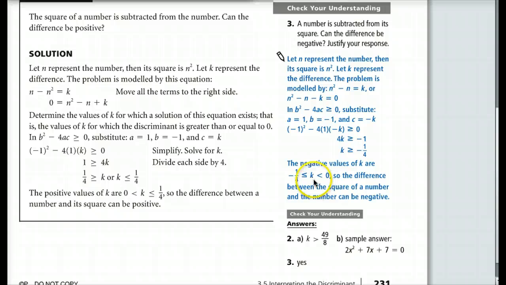So k must be in the range of -1 over 4 and 0. In that case, this equation has real solutions. That means we can find a number n which makes this difference negative. So the answer to this question is yes. We can have the difference be negative.